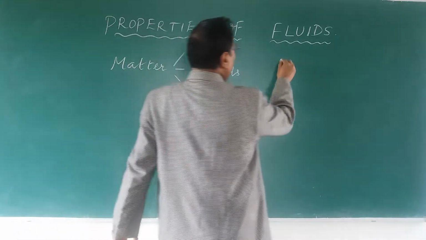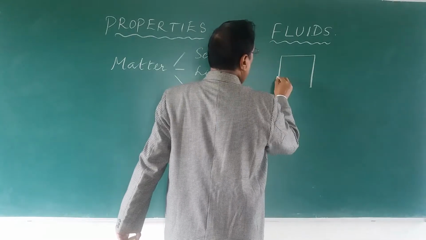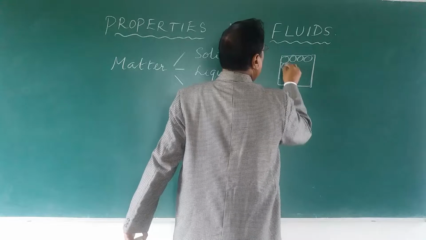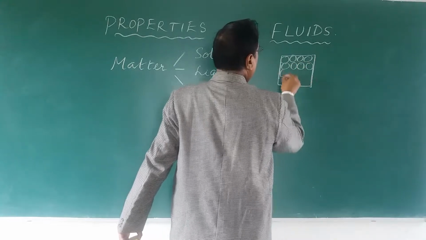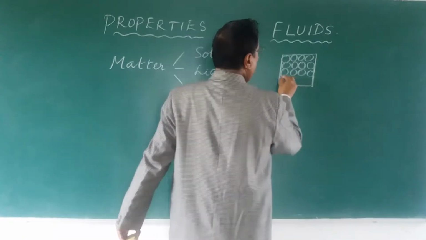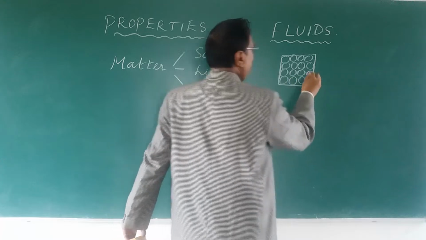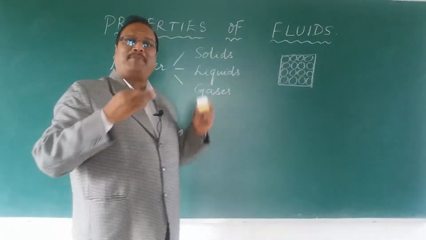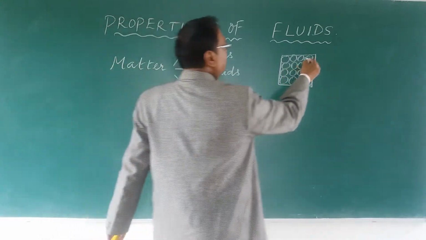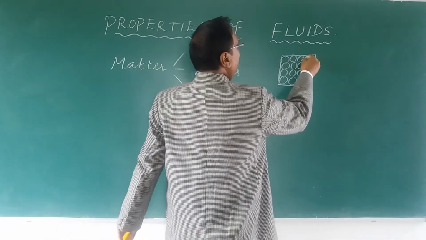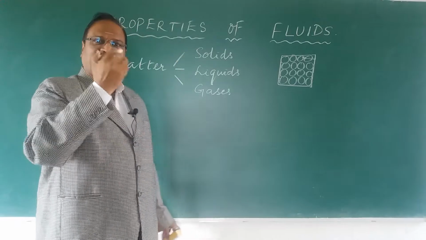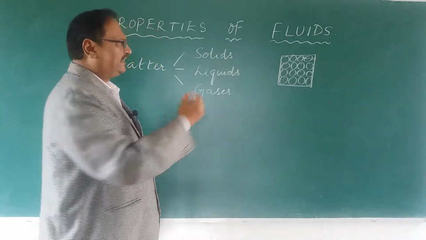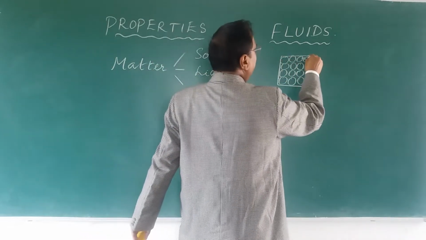Now, you will find that in solids, the molecules are closely packed, so they cannot move totally out of this object. The molecules cannot move out of the object, but they all vibrate in their own position, and there is a vibrational energy. That's a small movement of them, and each has its own place, it cannot move further than that.